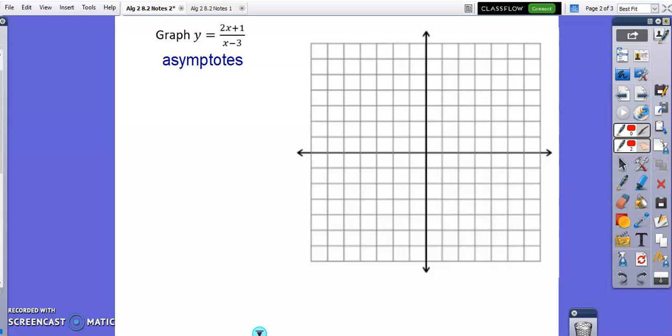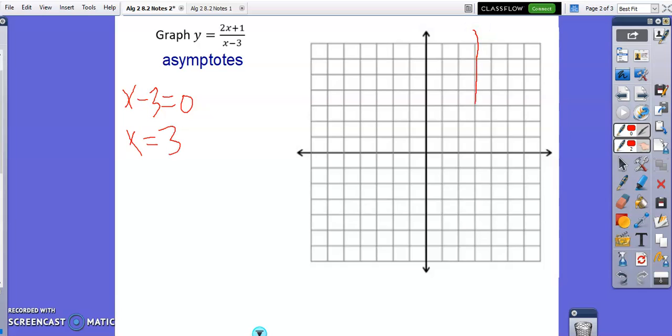So now if we come over here and check out y equals 2x plus 1 divided by x minus 3. What we see is that we're going to check those asymptotes again. So the first one is when the denominator equals 0. So add 3 to both sides. There's an asymptote at x equals 3.